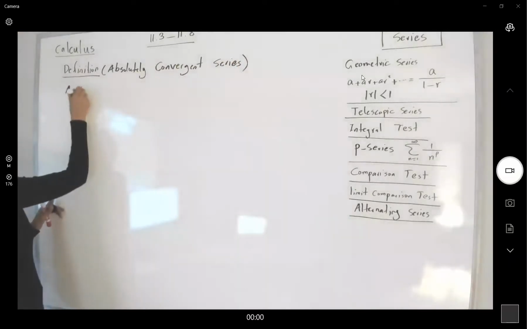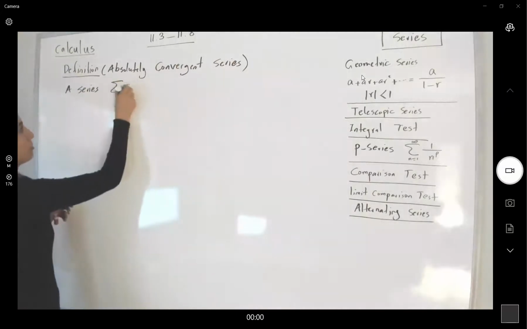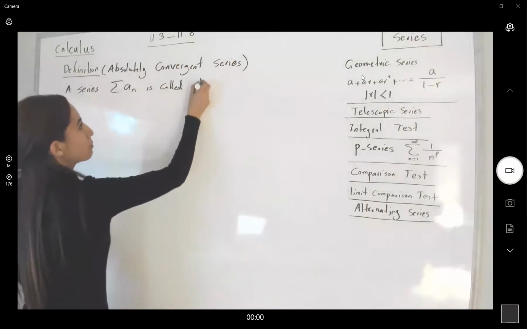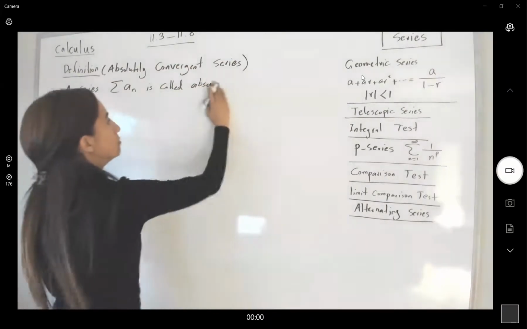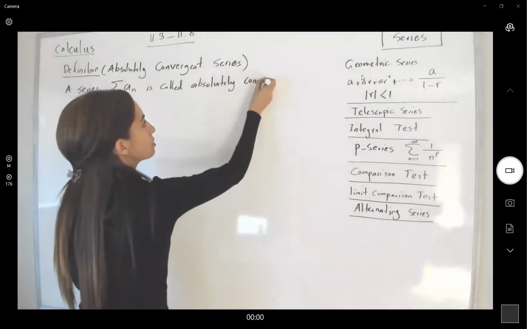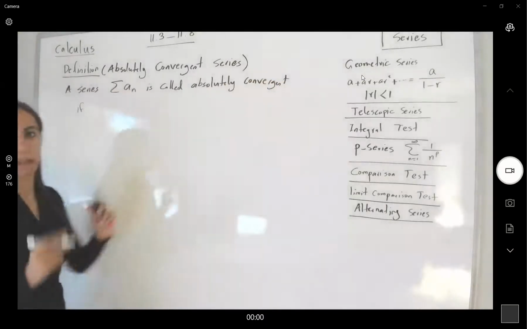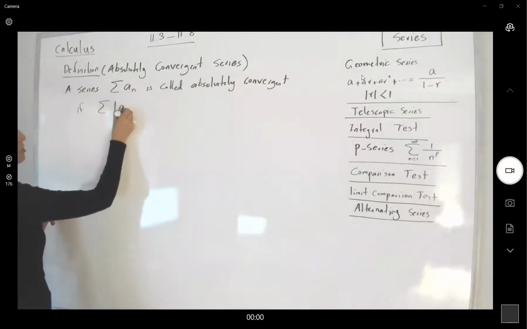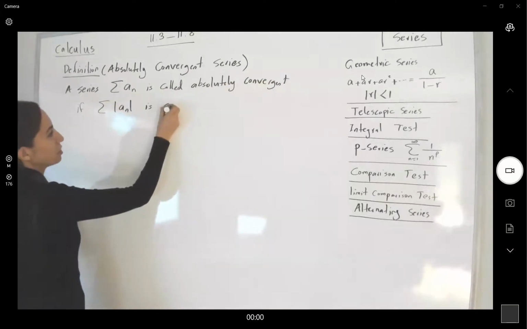A series, this new object, the sum an, is called absolutely convergent if the absolute value of the terms, the general terms, you form the series is convergent.